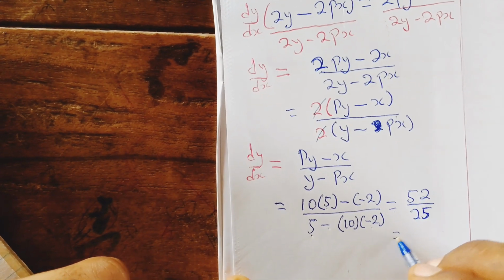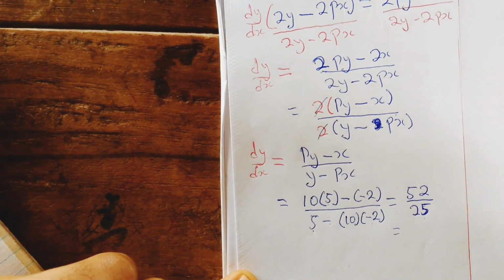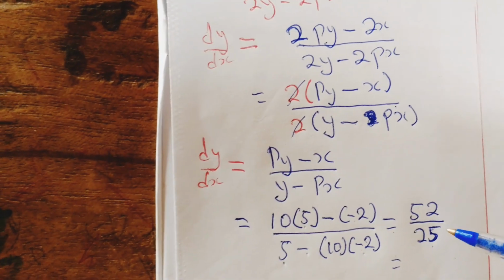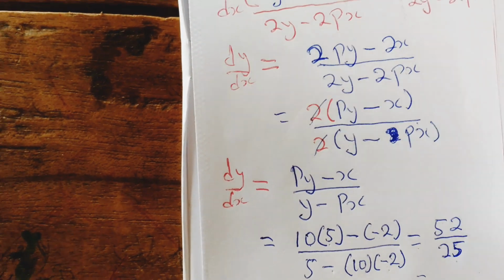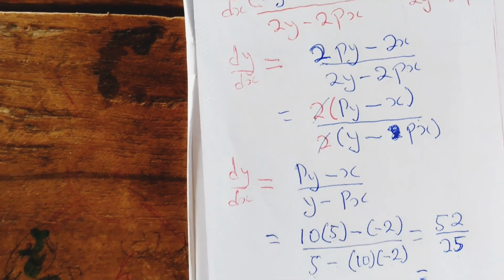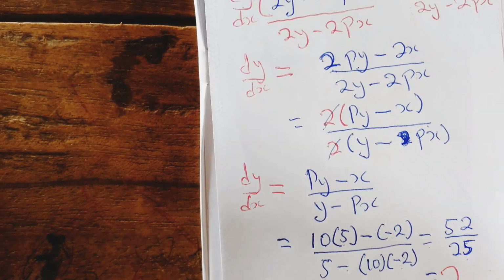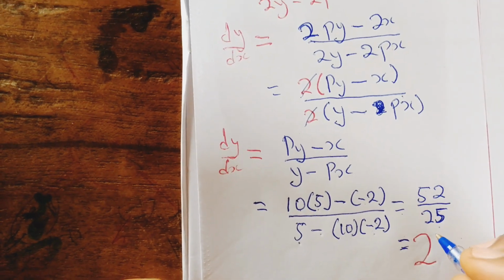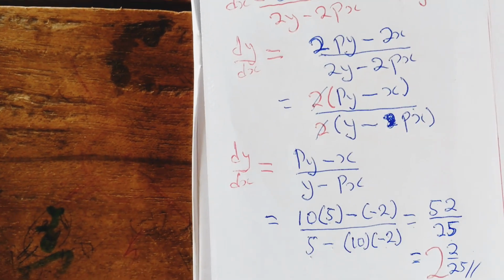Now, is there any number that can divide 52 and 25? Okay, I realize 2 cannot do it. So I can change it to a mixed fraction. That will be giving me 25 will go here 2 times, remainder 2. So 2 out of 25. So that is the value of dy over dx.